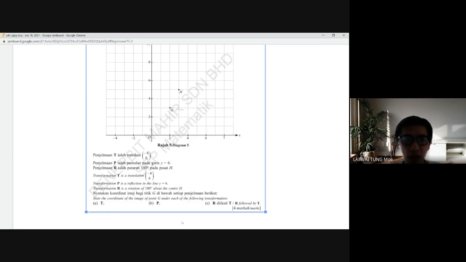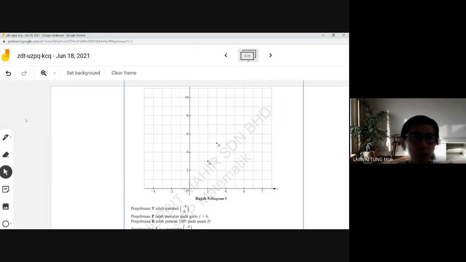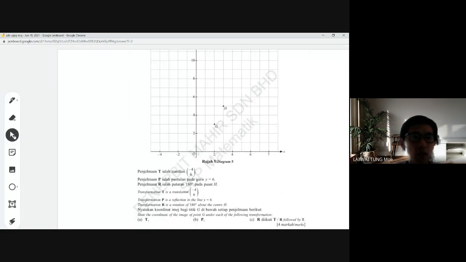So the first question is T. T transformation is a translation of -4, 6. This is very easy, because translation is the easiest one. We need to find the image of G after the translation -4, 6.